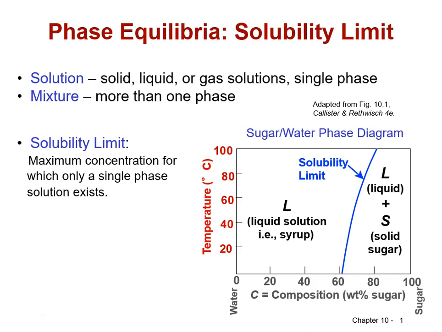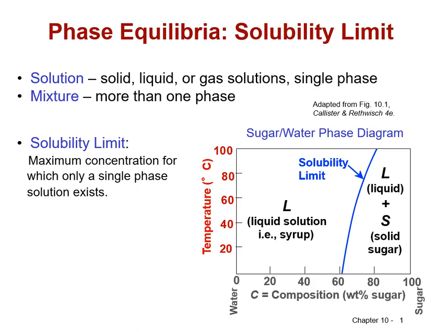This can be generalized to the maximum concentration for which only a single phase exists, no matter how many things you have dissolved. You could have multiple solutes in a given solvent, and the solvent is usually defined as simply the majority phase.